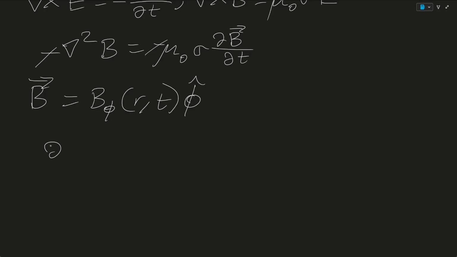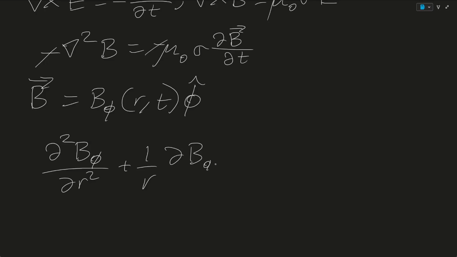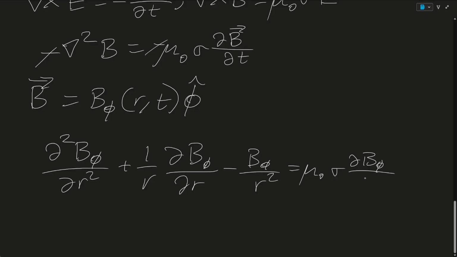We get that d squared B phi over dr squared plus 1 over r dB phi over dr minus B phi over r squared is equal to mu naught sigma dB phi, sorry, over dt.